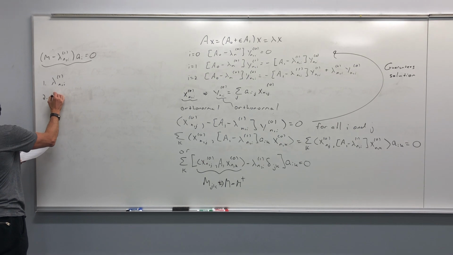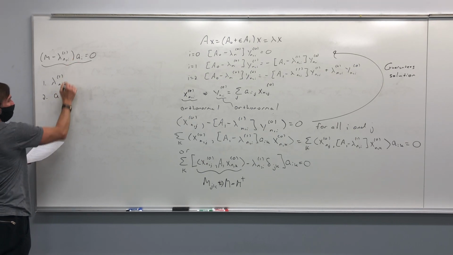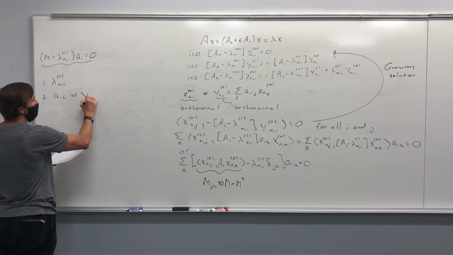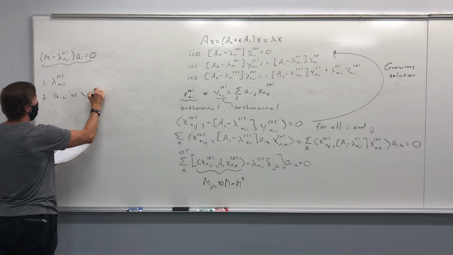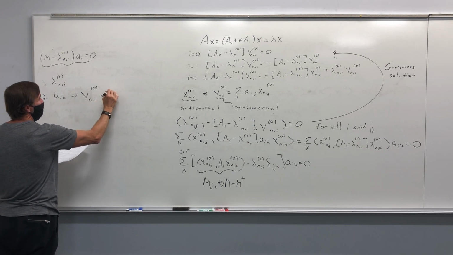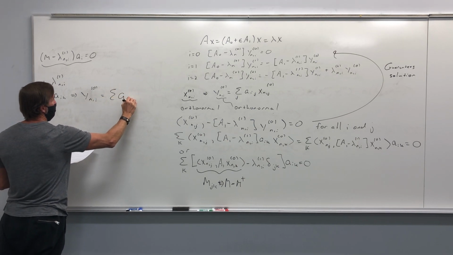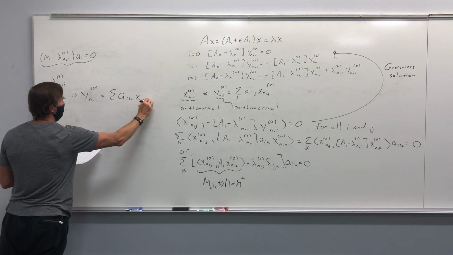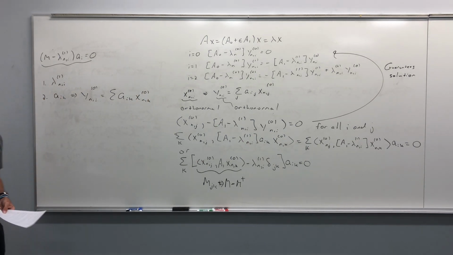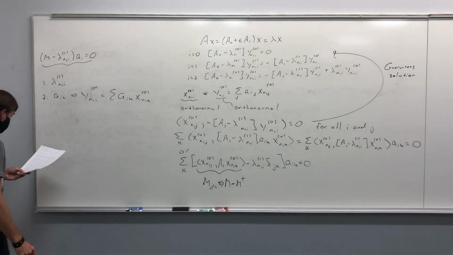Number 2, we will end up with these coefficients, aik, which means we'll know how lambda 0 is to be expanded in terms of the basis that we started with, which is just some arbitrary solution with no special properties.